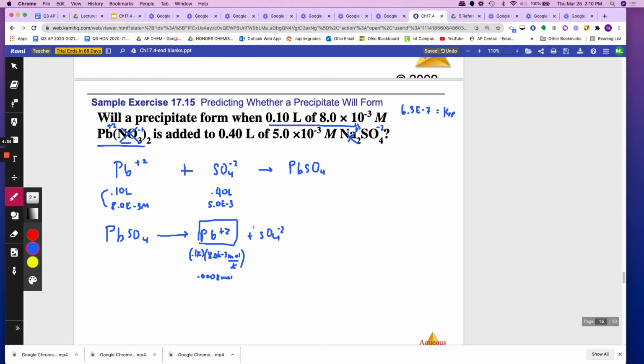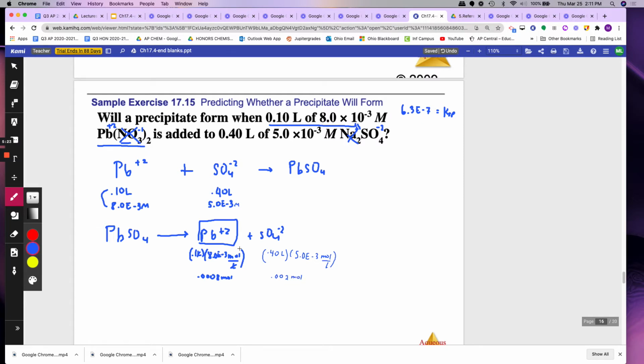Do the same thing on this side. So 0.40 liters times 5.0 e negative 3 moles over liters. Again, that's molarity. And you're going to get 0.002 moles.